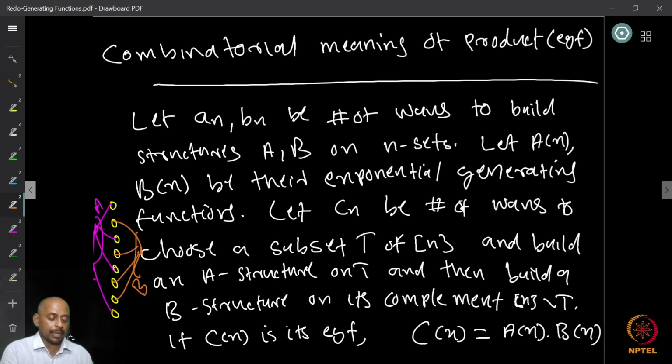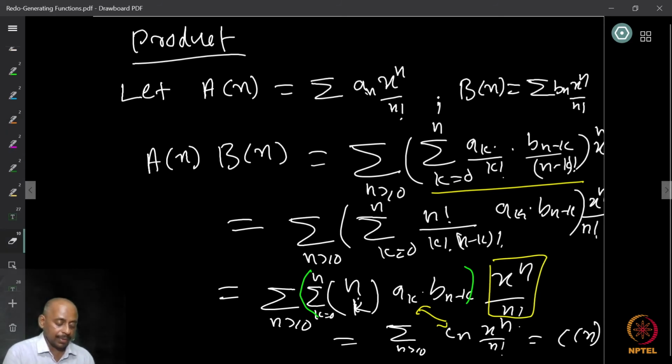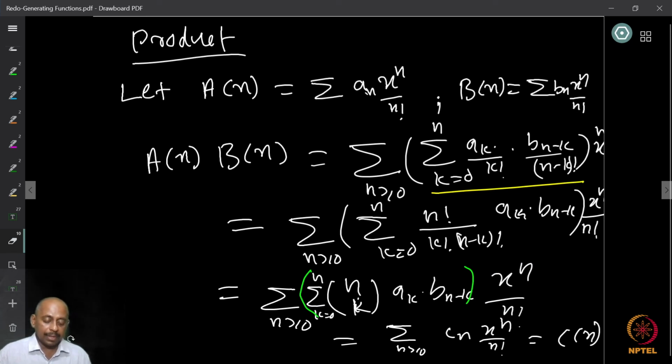That is the claim. So how do you prove this? Well, if you look at the definition of the product, it should be kind of clear. What does n choose k say? It says I can choose some k element subset of the n element set. That is the number of ways of choosing the k element subset. Once you choose the k element subset, I have ak ways of putting the type A structure on the k elements.